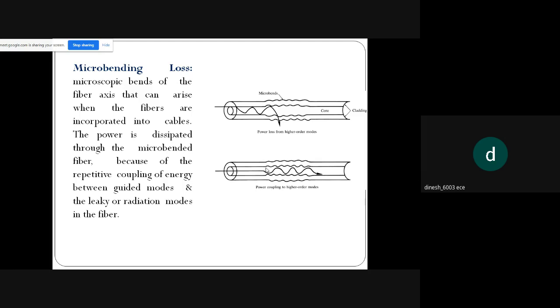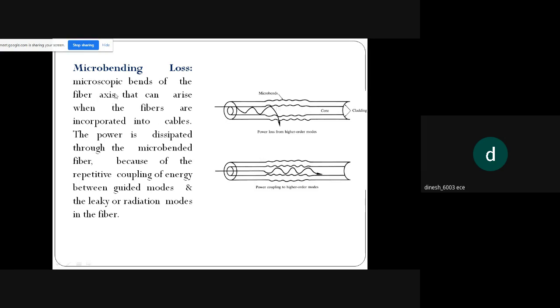You can see in the first diagram, you have the whole fiber, with the core surrounded by cladding. Due to micro bending, you can see these microscopic variations, the microscopic bends inside the core.